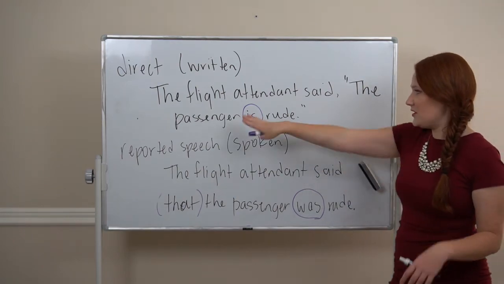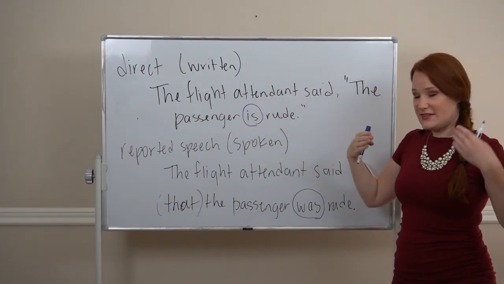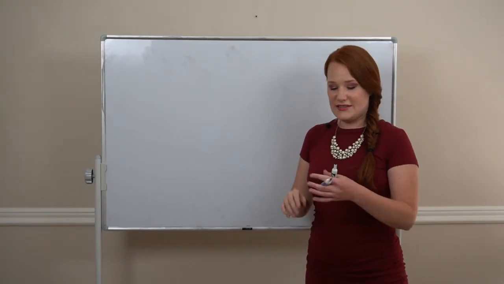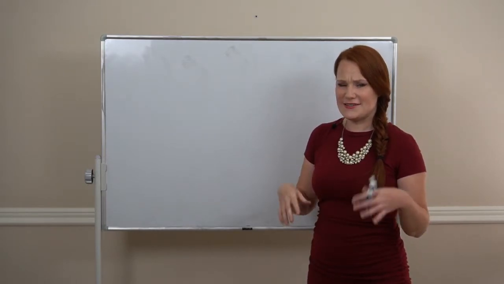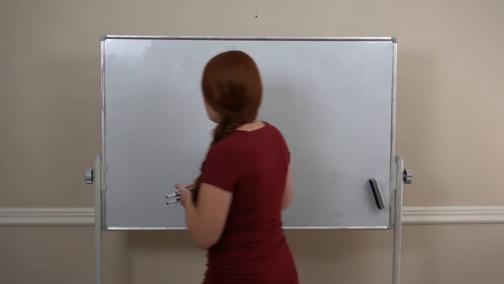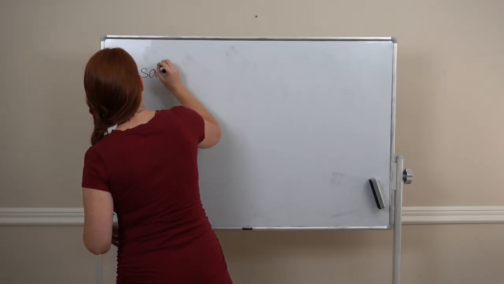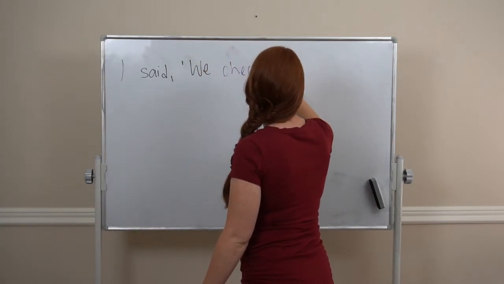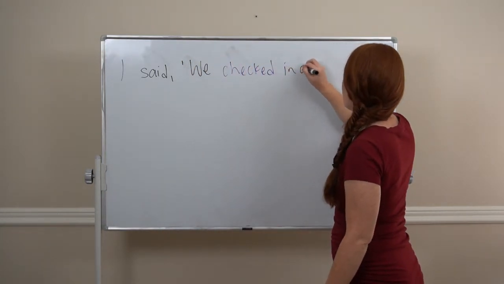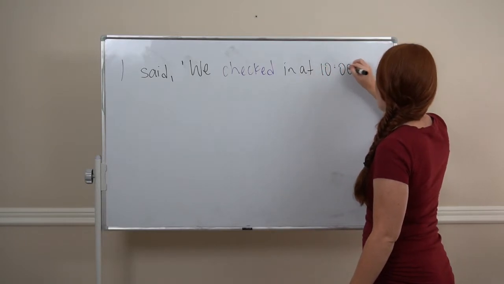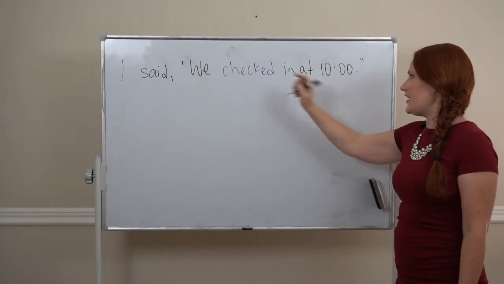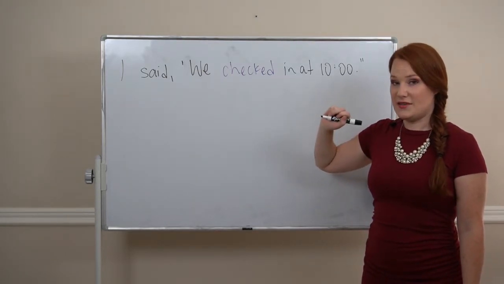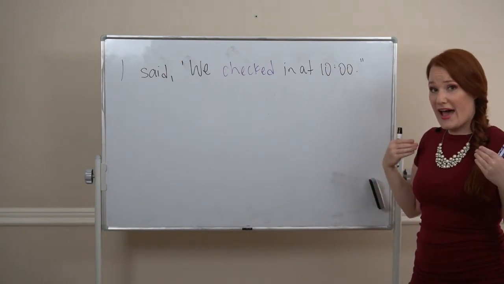So here's our first one. Simple present tense, we'll go back one step to simple past tense. If our original sentence is already in past tense, what should we do? I said we checked in at 10 o'clock. Our verb here is already in past simple. We need to go one step back.